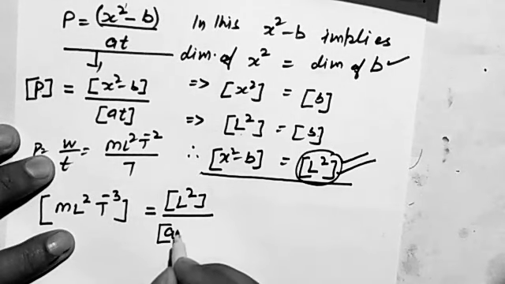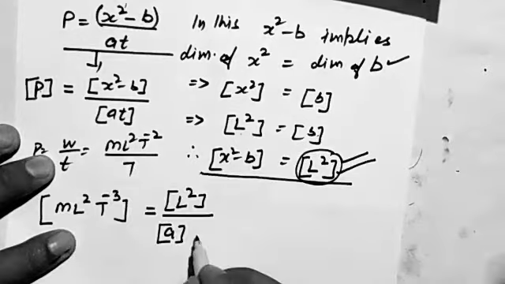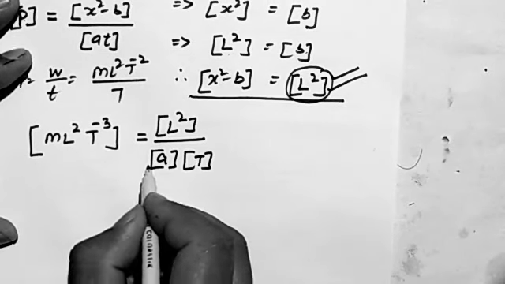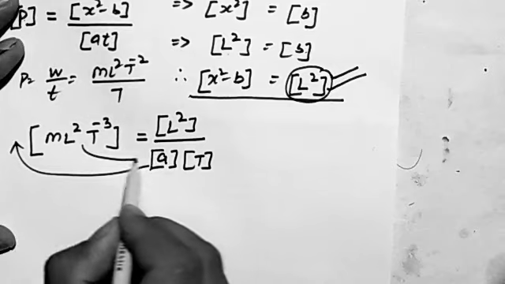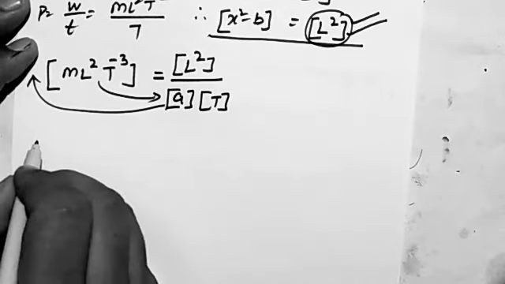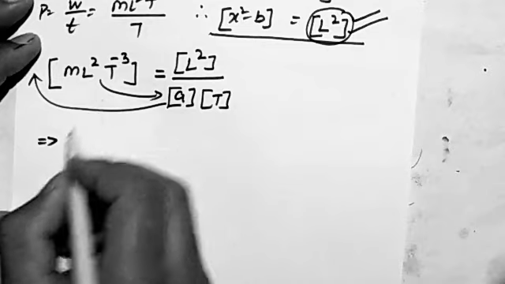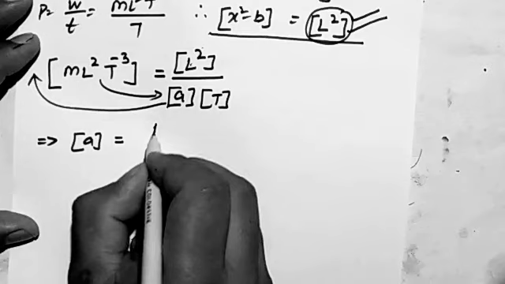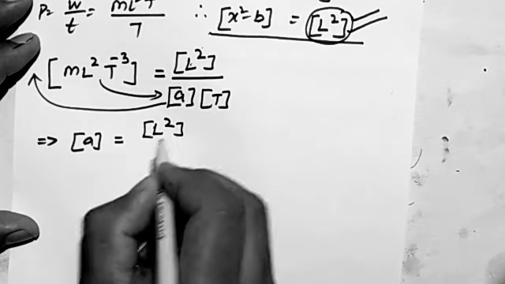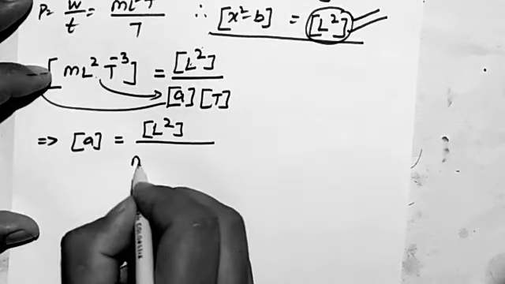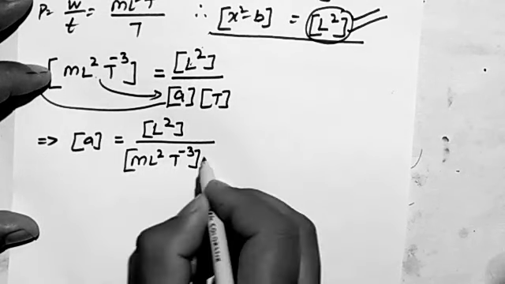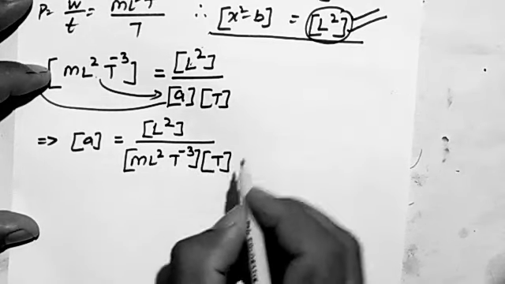The dimension of A is to be calculated, keep it separate, and the dimension of T, that is time, is T. Now simply shift A to the left side and shift the other term to the right side. This implies the dimensions of A is equal to L2 upon ml2 t minus 3 into t.